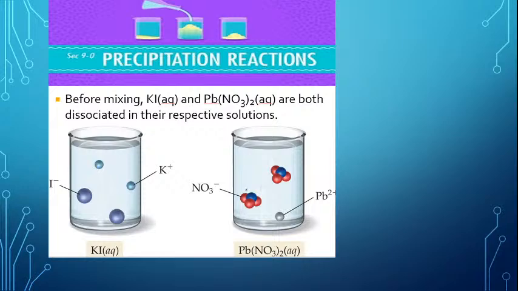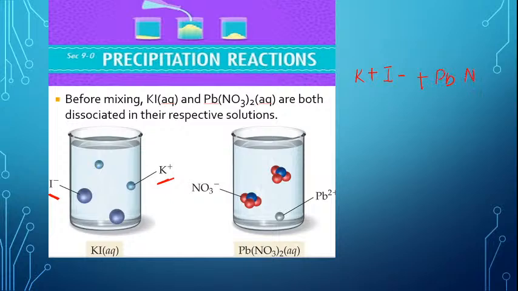Now when you mix them together, initially we have taken potassium iodide, and potassium contains K plus ion. And why do we need to take the solution? Because during a precipitation reaction there will be an exchange of ions, and only then is this reaction going to take place. So we have seen there is a K plus ion and an I minus ion. So what is going to happen when it combines with lead nitrate?